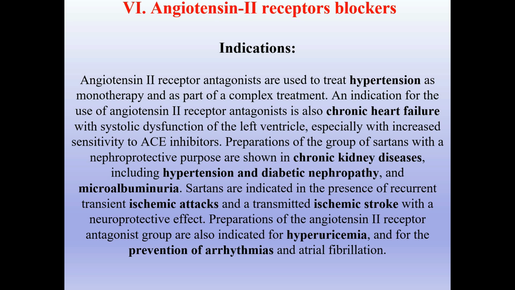Preparations of the group of sartans with a nephroprotective purpose are shown in chronic kidney diseases, including hypertension and diabetic nephropathy and microalbuminuria. Sartans are indicated in the presence of recurrent transient ischemic attacks and a transmitted ischemic stroke with a neuroprotective effect. They are also indicated for hyperuricemia and for prevention of arrhythmias and atrial fibrillation.